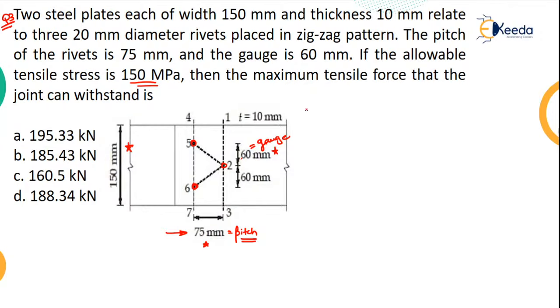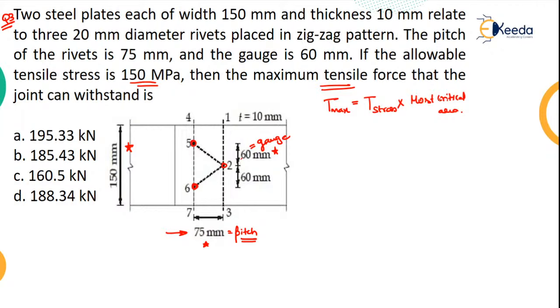Now how do you calculate the maximum tensile force? We have to calculate the most critical sectional area. There will be many sectional areas. We have to calculate the most critical one and multiply it with the stress. So your maximum tensile force will be equal to the tensile stress into the most critical area.